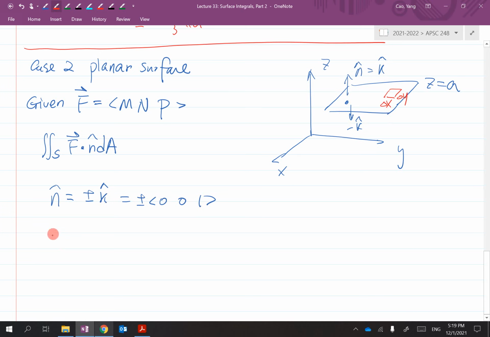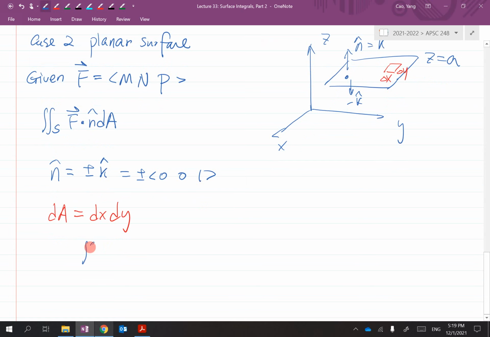Then dA, if I talk about dA, is basically dx dy, exactly similar to what we have done for a double integral over a certain region R. So now you have both of these, and we're ready to plug them into the surface integral. The surface integral in this case is M, N and P dot this n hat. I'm going to use just the positive one to illustrate.